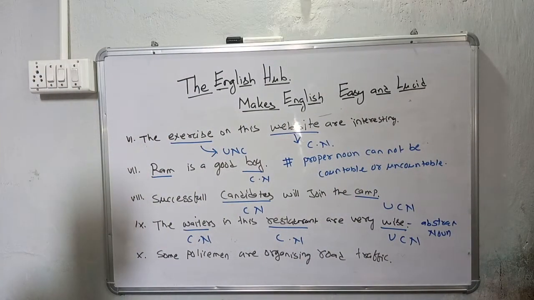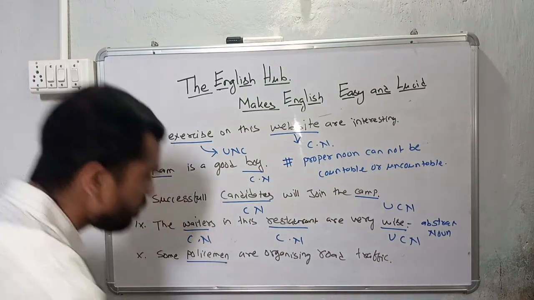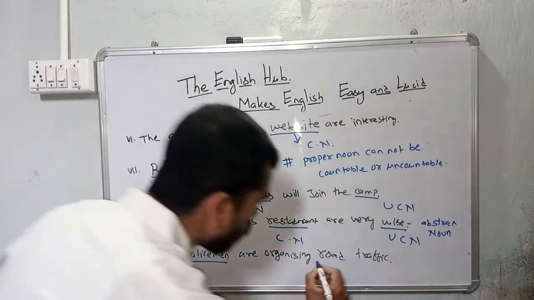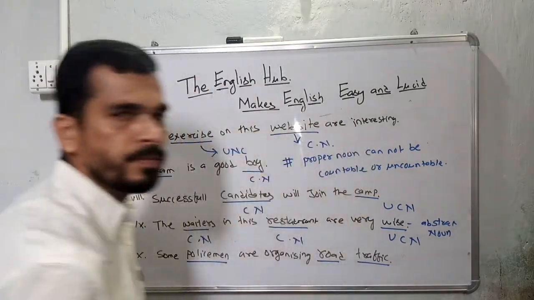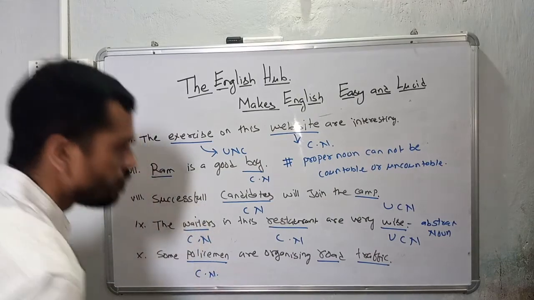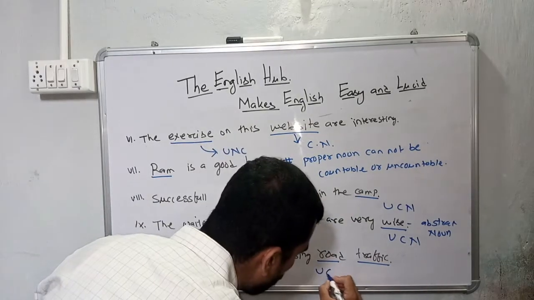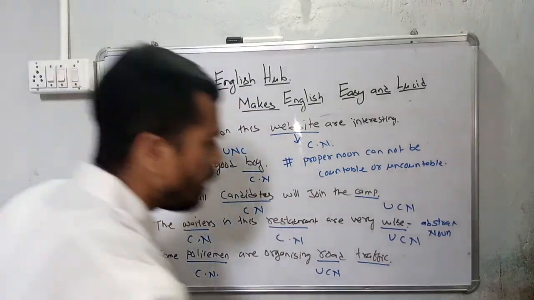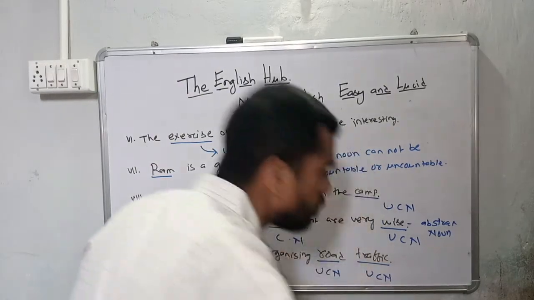The last sentence is: some policemen are organizing road safety. So how many nouns are there? Policeman, road, traffic. Policeman is countable noun, road is uncountable noun, and traffic is uncountable noun.